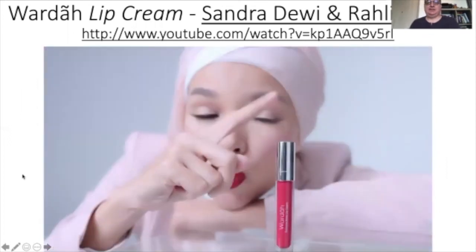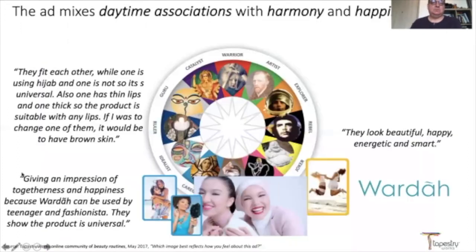So I think you get the idea of that. Obviously much more positive associations with that ad. They don't find it silly or frivolous. They associate that with daytime, with harmony, and with happiness and fun.